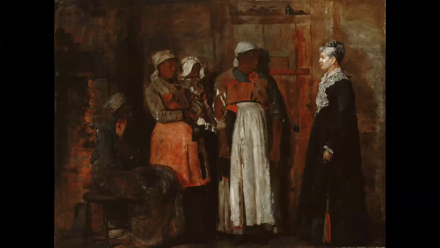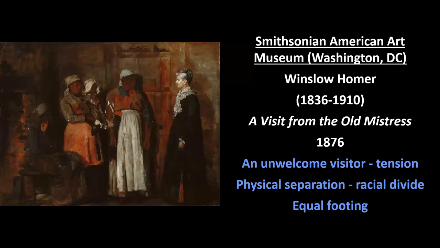And so you can see there's a little bit of a standoffishness between the woman on the right and the people on the left. She's used to deference, I think. Yeah, could be. An unwelcome visitor. So Homer does a good job of showing tension in this painting.